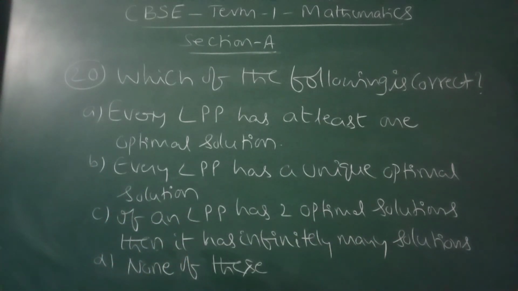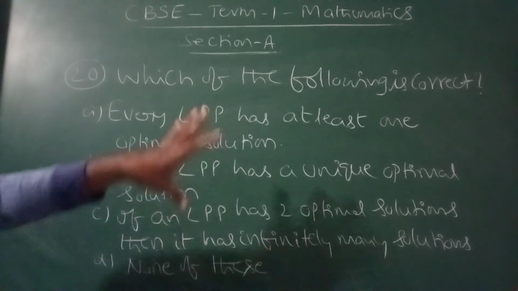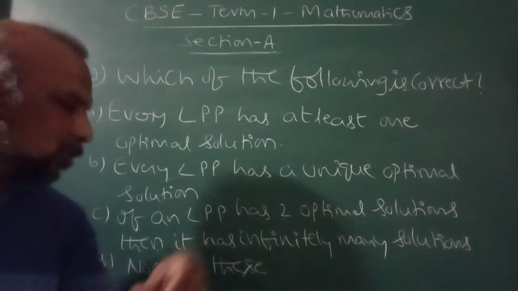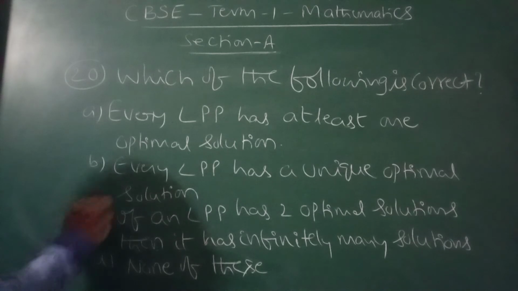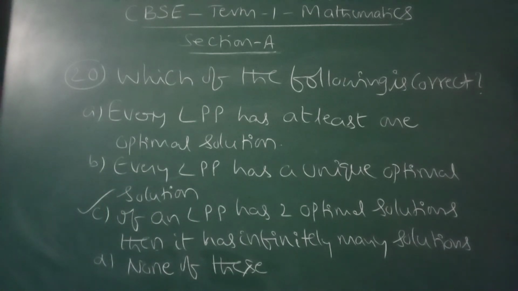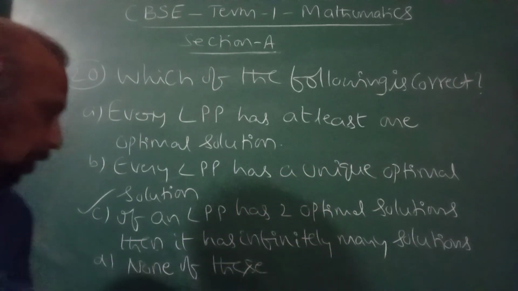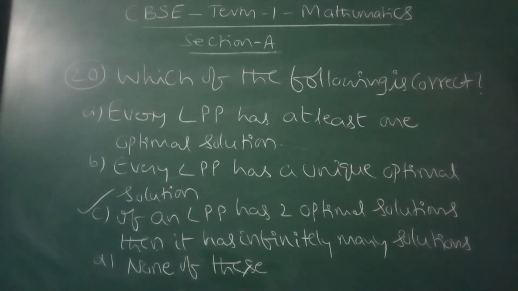None of these. Compared to all of these, when an LPP has two optimal solutions, then it has infinitely many solutions. Option C is right.